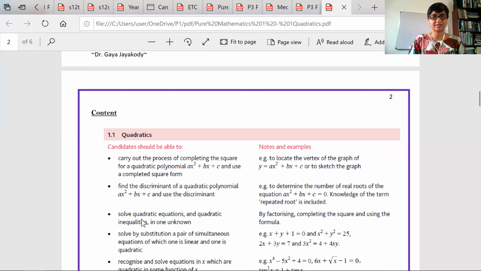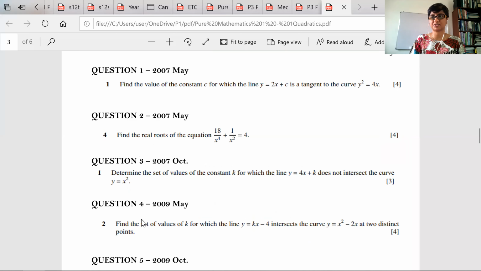Okay, this is the one I want to do, this second question. Can you copy the question? This is a past paper question directly from Quadratics. As I told you last week, in your exam papers, usually in P1, P3, mechanics, in all of these modules, you have a question from each topic.